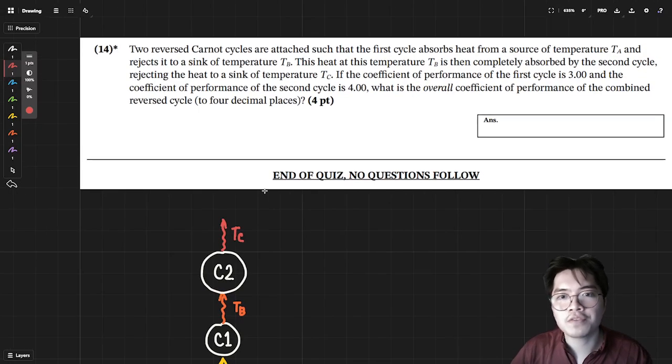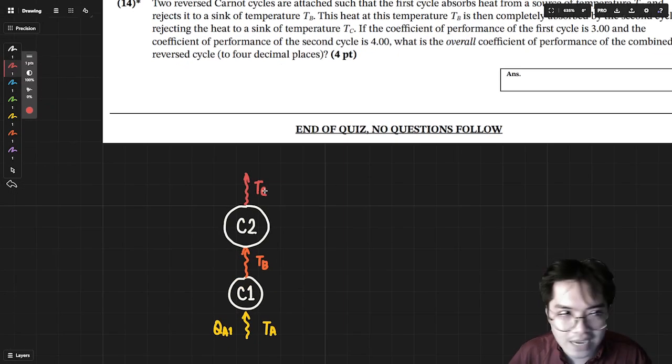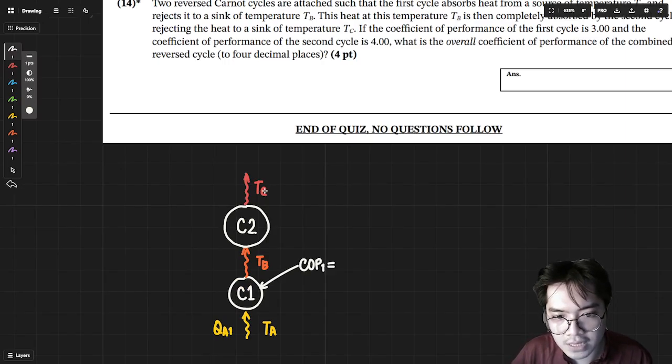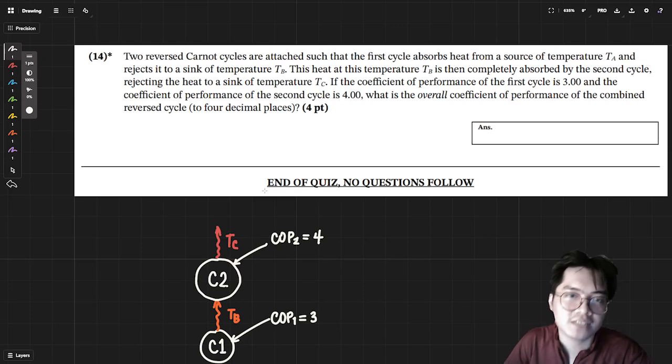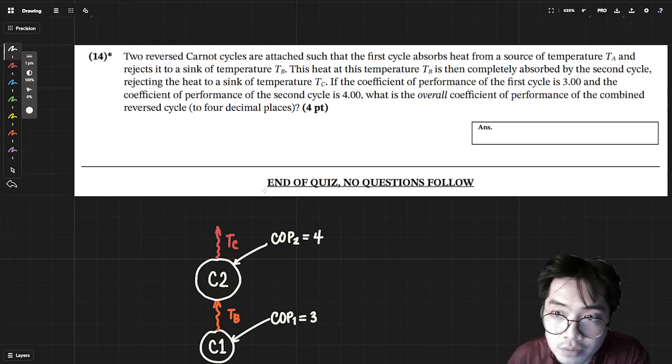If the coefficient of performance of the first cycle is 3, and the coefficient of performance of the second cycle is 4, what is the overall coefficient of performance of the combined reversed cycle?